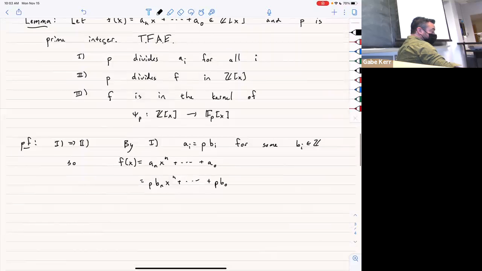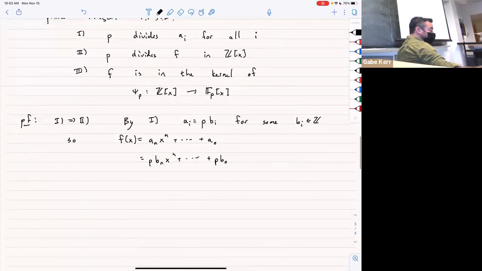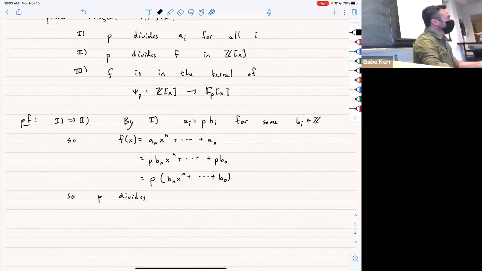What do we do now? Factor out p. P times b_n times x to the n. P divides. What it means to divide, right? It's one of the equivalent ways of thinking about divide.